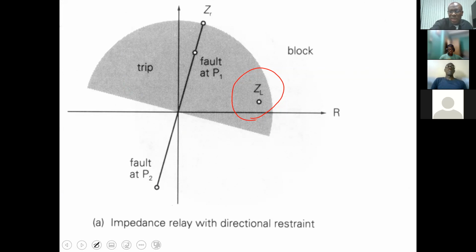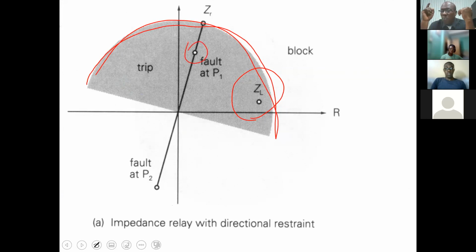Because remember now, the relay is measuring all of this impedance. Anything below that impedance, it's going to trip. The fault is below that impedance. But because of the characteristics of the load, it may fall within the trip circle. We don't want that to happen. So we modify this characteristic a little more.